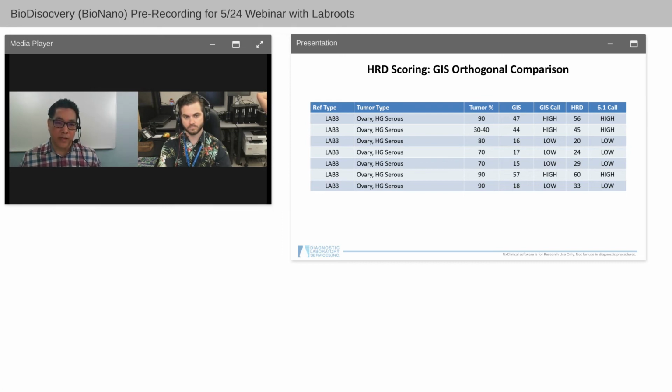So this is an outside laboratory that uses genomic instability scoring, and we took a small series of high-grade serous ovarian cancers and looked at the call for their genomic scarring, and we did our assessment of our HRD status, and found an encouraging result in that we were able to identify or mimic and correlate in this small series fairly well the status of HRD high and HRD low.